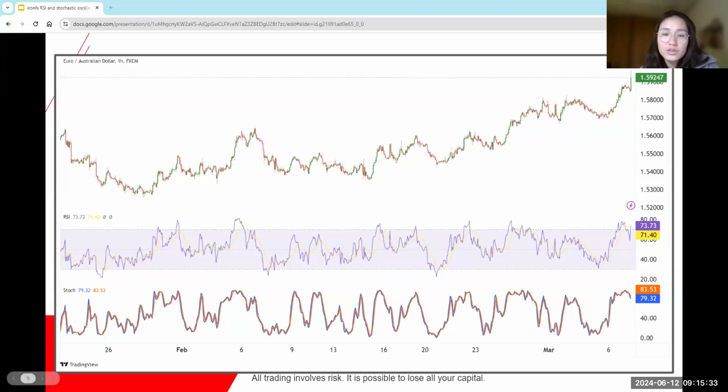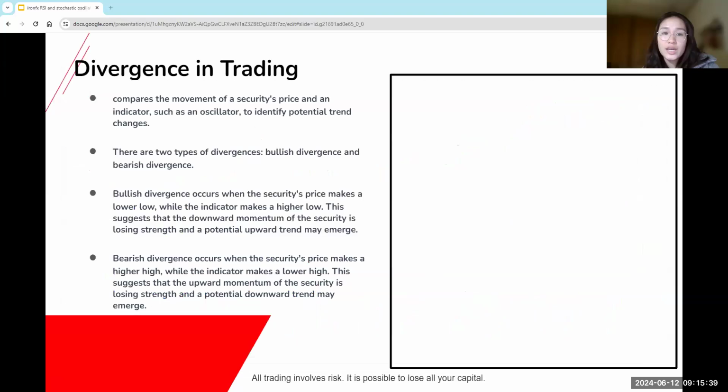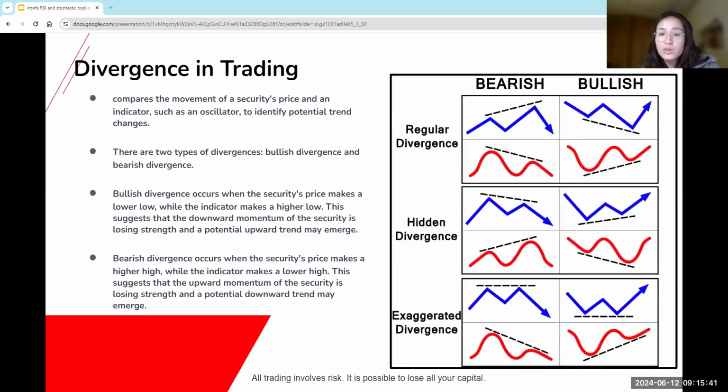Okay, now let's get into one of the biggest strategies that we use for stochastic and RSI, and that is divergence. Divergence in trading is basically a technical analysis concept that compares the movement of a security's price and an indicator, such as an oscillator that we're talking about here, to identify potential trend changes.